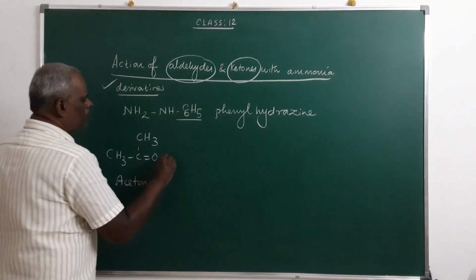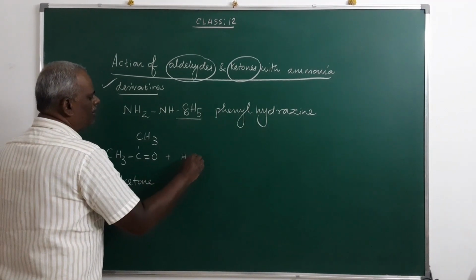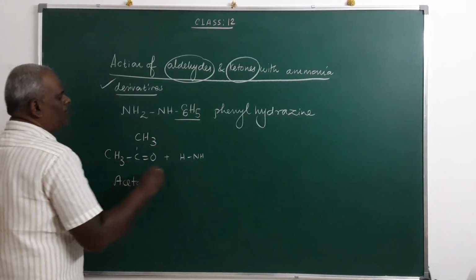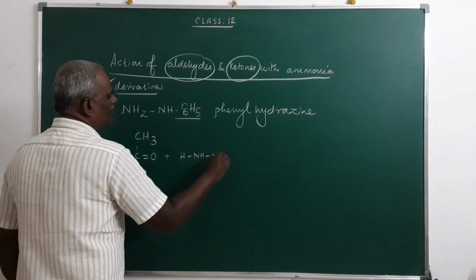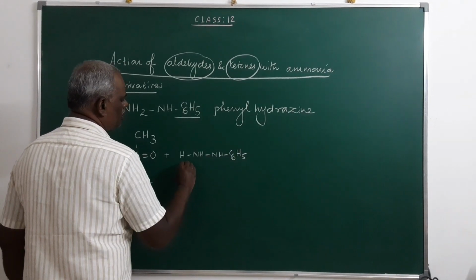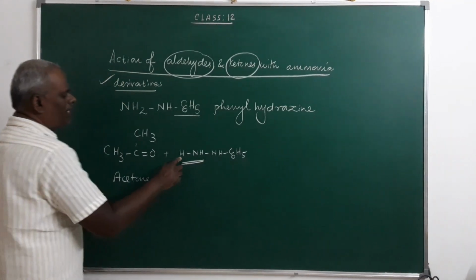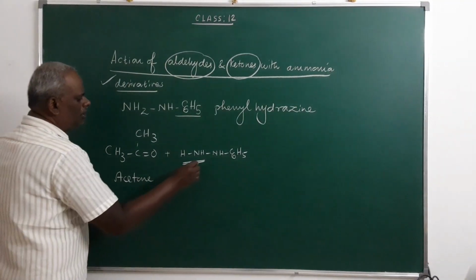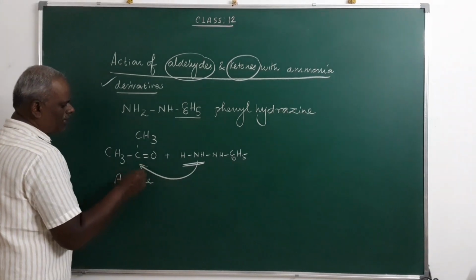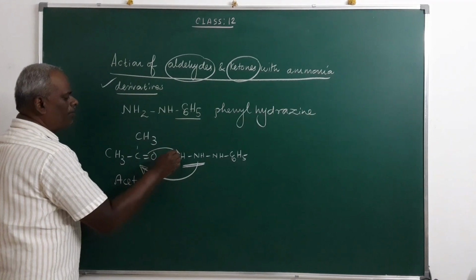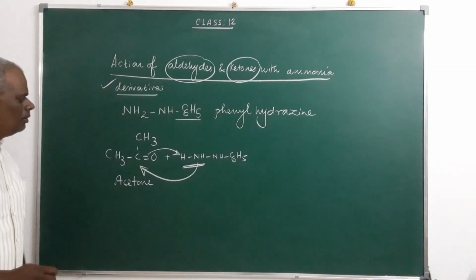When the acetone is reacting with the derivative called phenylhydrazine, one of the hydrogens is taken out from the NH2 part, leaving NHC6H5. As usual, the nitrogen is going to attack this carbon and the bond breaks up, oxygen can provide electron to the hydrogen.